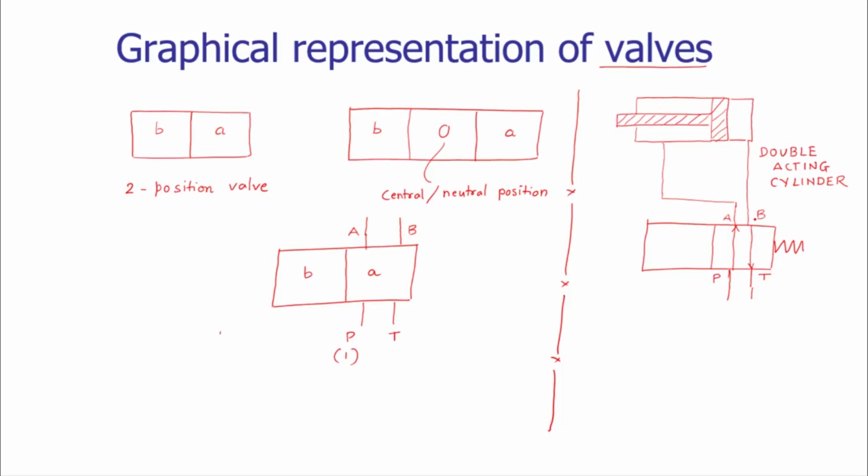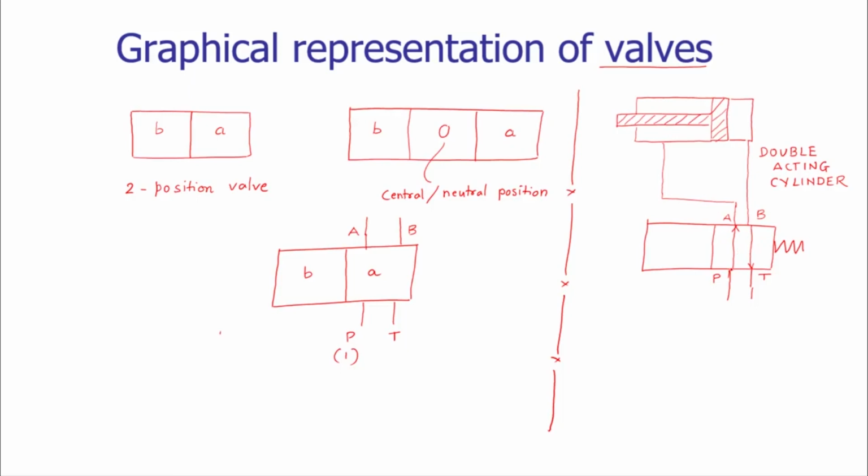Now, as I mentioned, I have to extend the piston cylinder arrangement. I have to extend the cylinder. So for that purpose, I need to provide the pressurized fluid from P to B, and I have to get back pressurized fluid from the rod side to the tank.